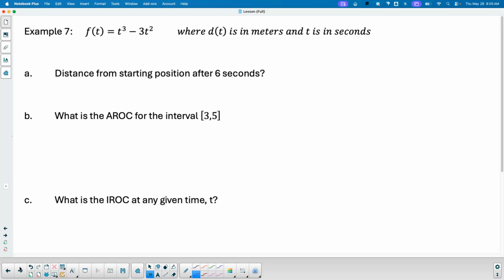Distance from the starting position after 6 seconds. So that means I need to find f of 6. Six cubed is 216. 6 squared times 3 is 108. 216 minus 108 is 108, and this would be in meters.